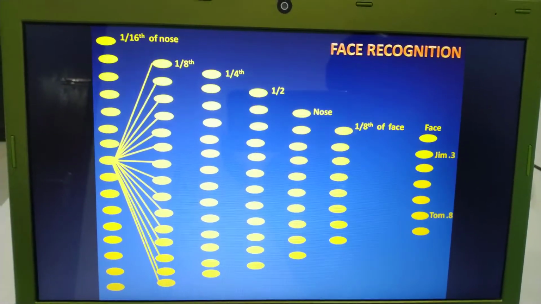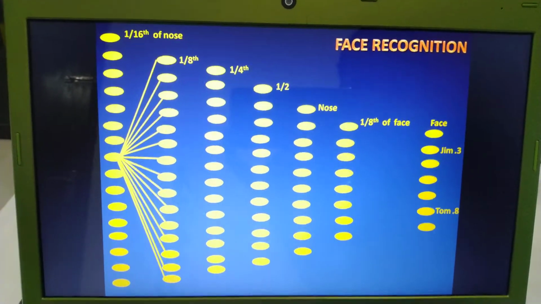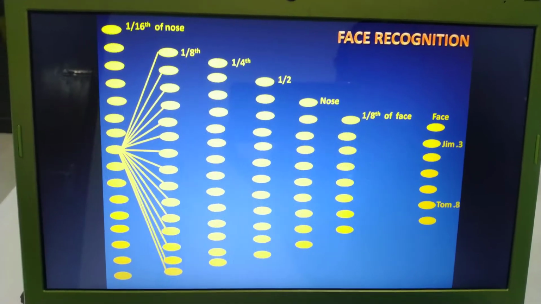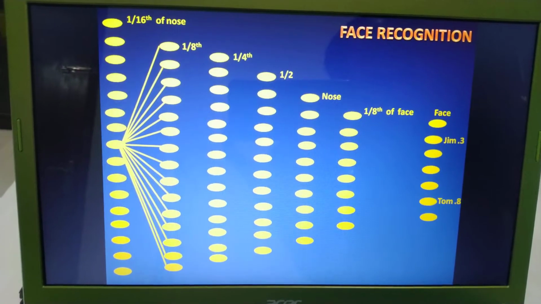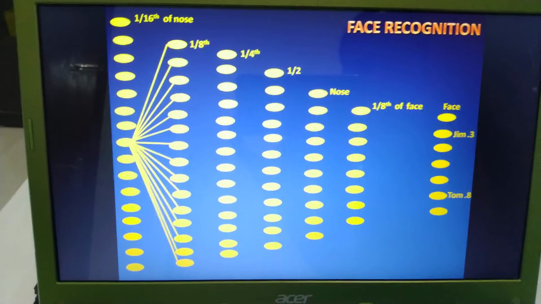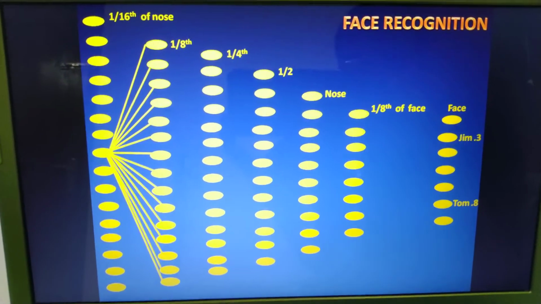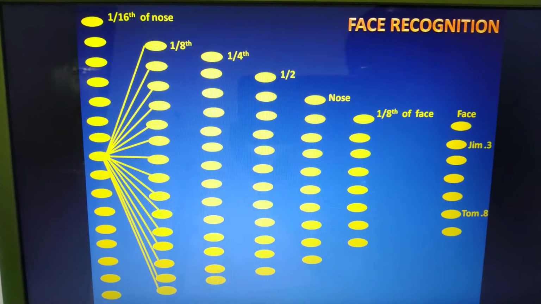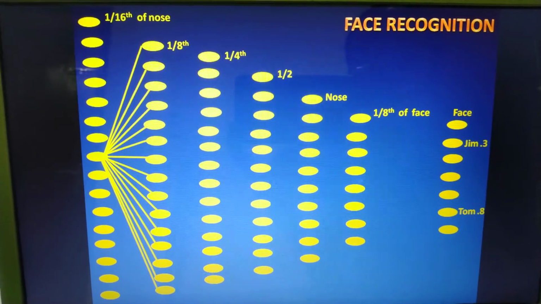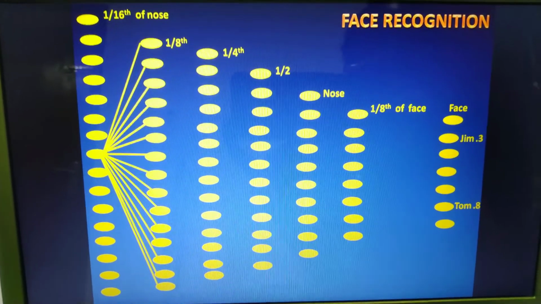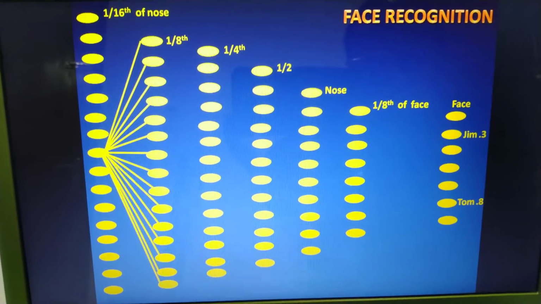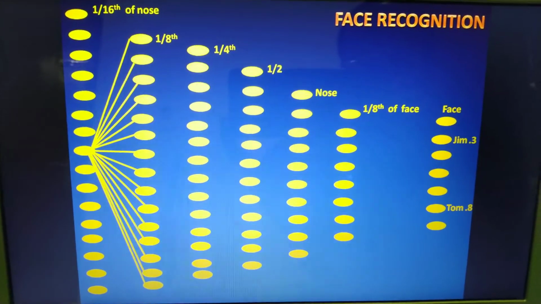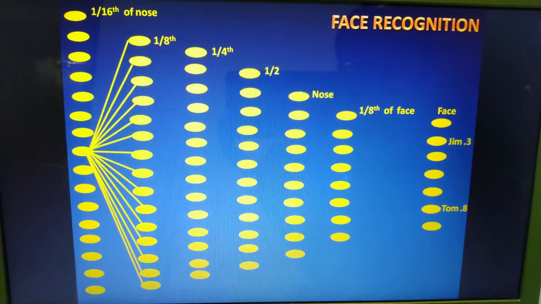As you can see in the display, the first row of neurons or nodes actually checks a part of the nose. See, for example, Jim has a nose and it has certain precise measurements. So the first set of neurons checks out 1/16th of the nose. The first neuron checks out 1/16th of the nose of the image.